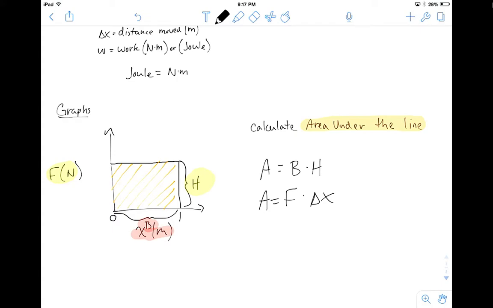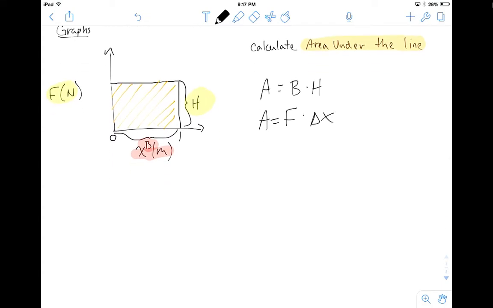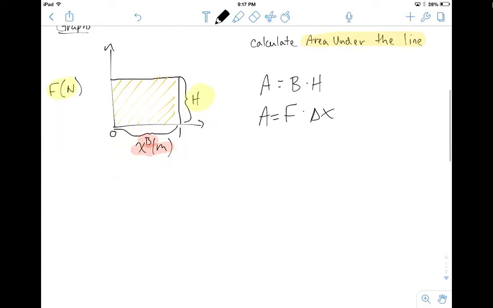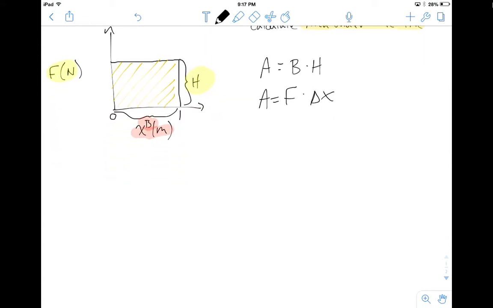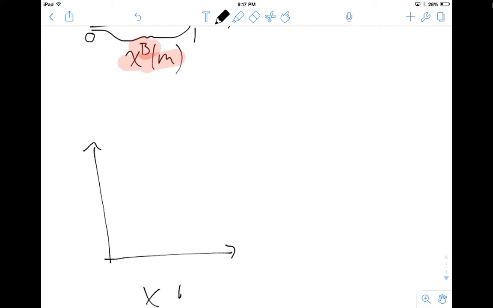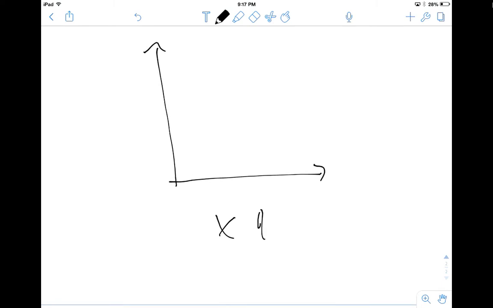Now, the reason I wanted to show you this area under the line calculation is because sometimes we might get changing force. If I've got force and I've got distance, what if I don't have constant force?